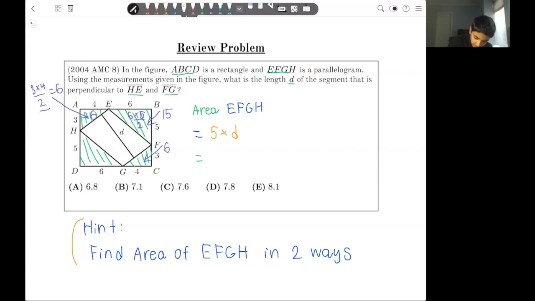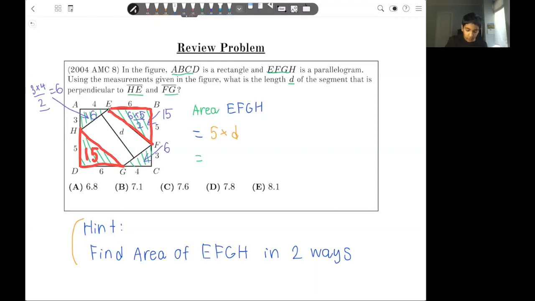And the final area over here is just going to be 15, just like the triangle I just marked. HDG is also going to have the same area, 6 times 5 divided by 2. So now we know the areas of each of those 4 triangles.